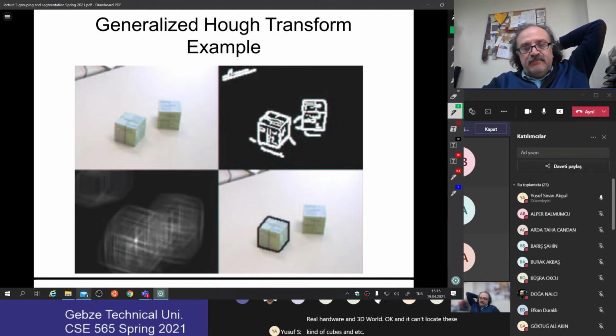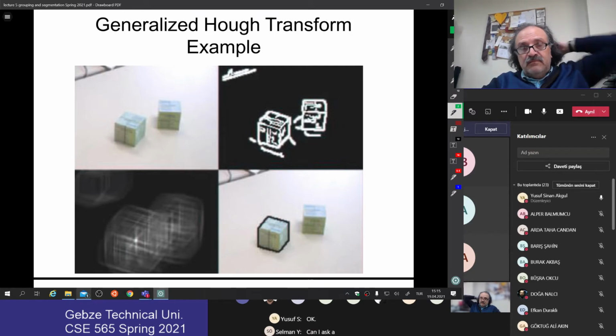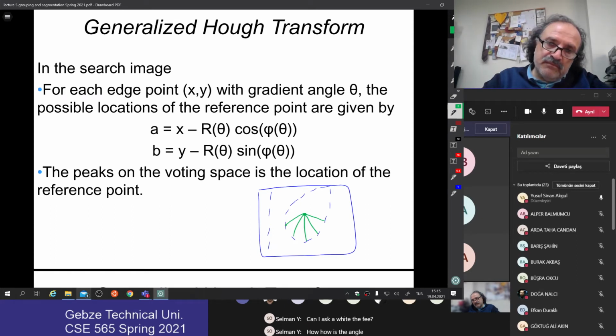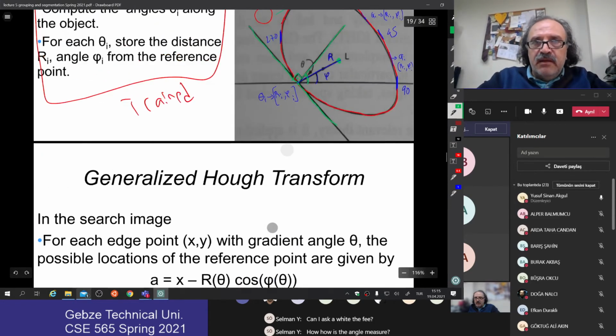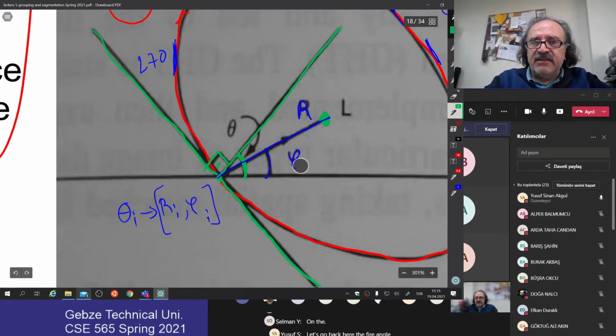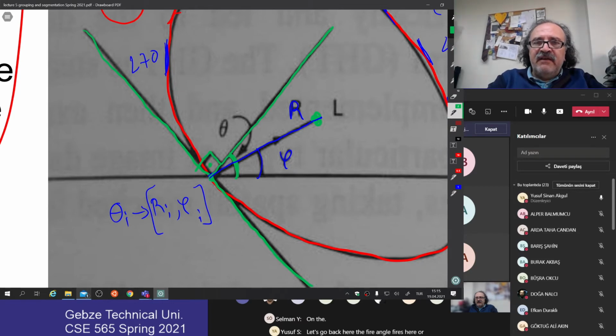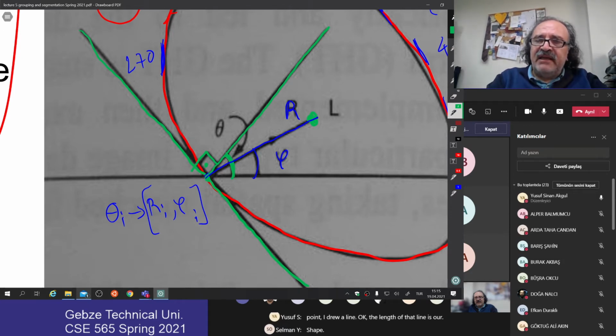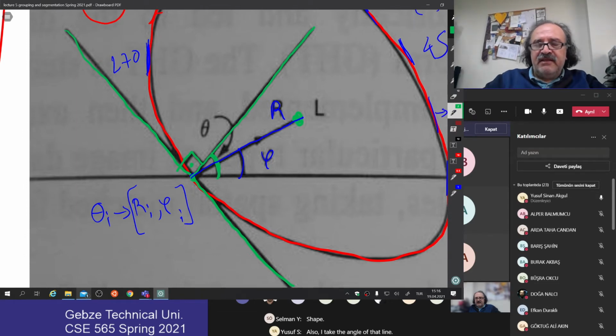Can I ask how the phi angle is measured? Let's go back to training here. Phi is here. What is phi? First, from this point to the reference point, I drew a line. The length of that line is r. Also, I take the angle of that line with the horizontal line. That's the phi angle.